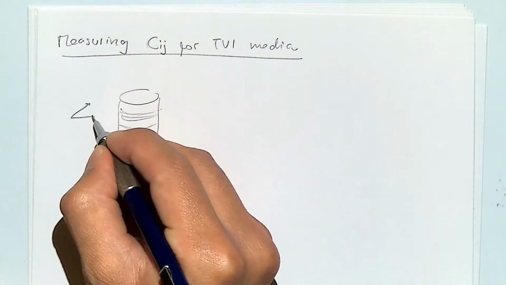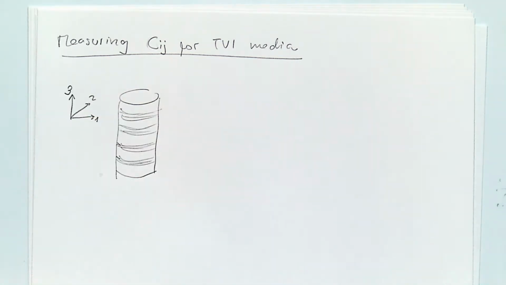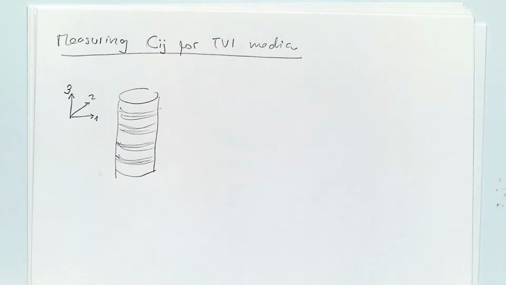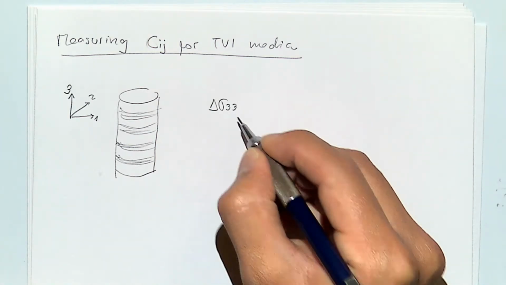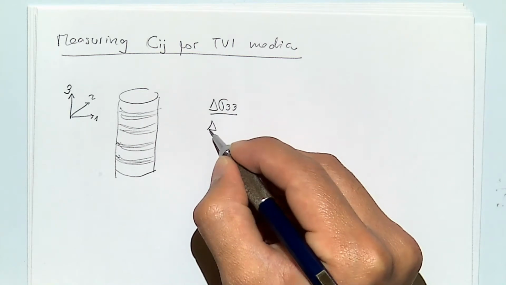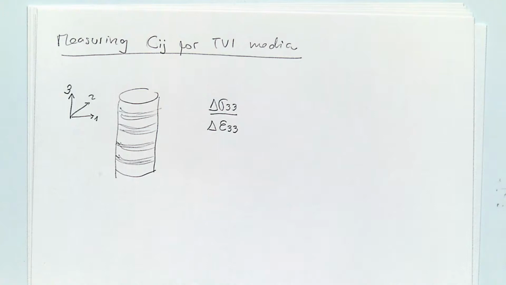Here, we're going to add a coordinate system, and if I apply a vertical stress in direction 3, and I measure a vertical strain in direction 3, what am I going to get?